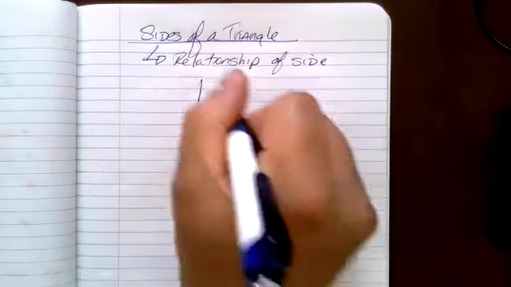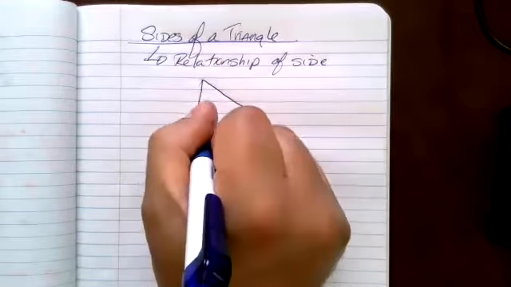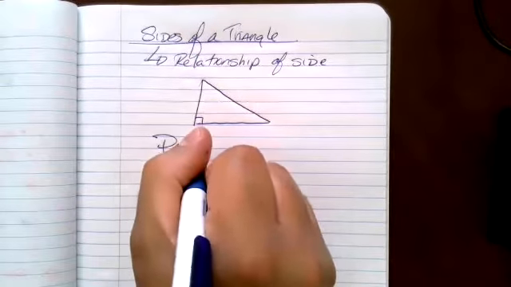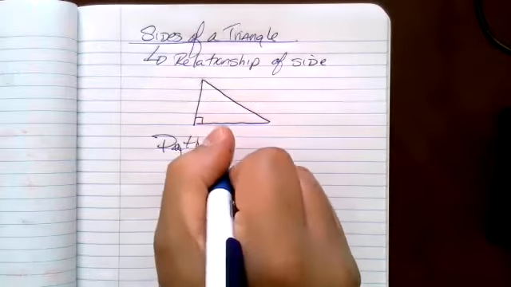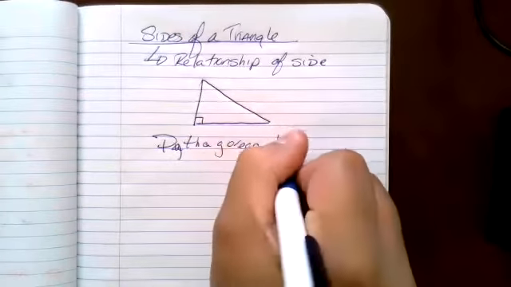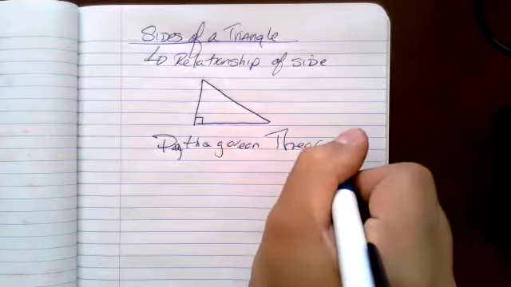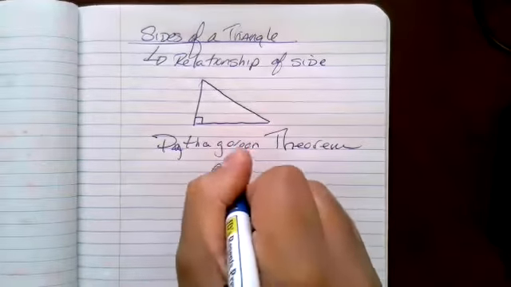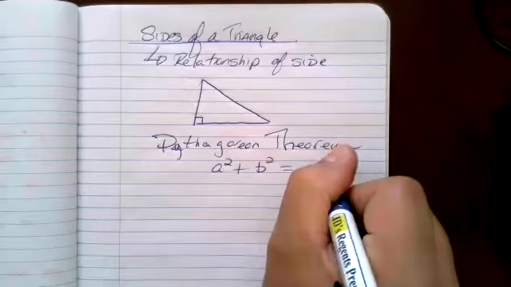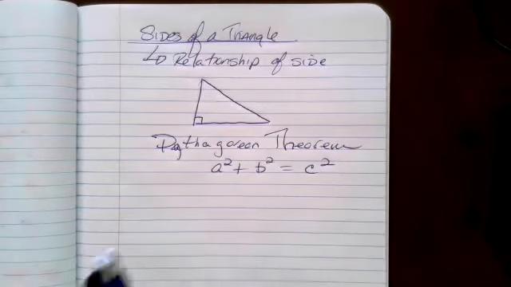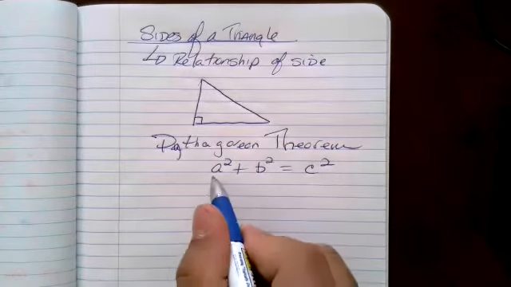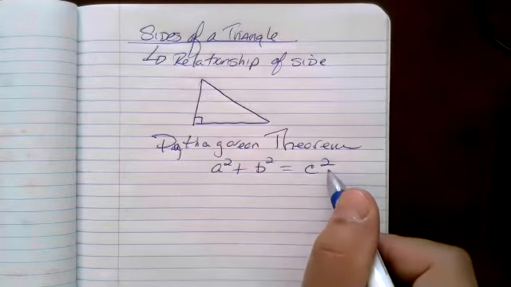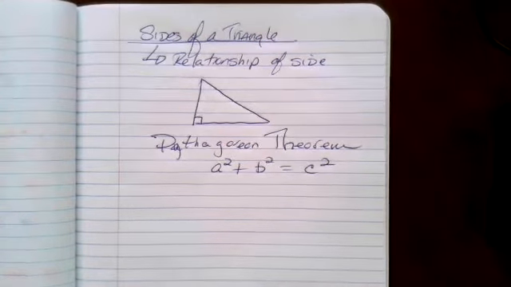And then inevitably, hopefully, somebody would say Pythagorean theorem, which is a squared plus b squared is equal to c squared, which means the squares of the two legs of the triangle is equal to the hypotenuse squared.